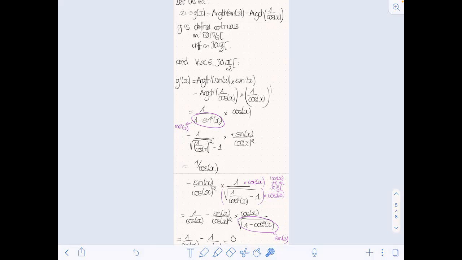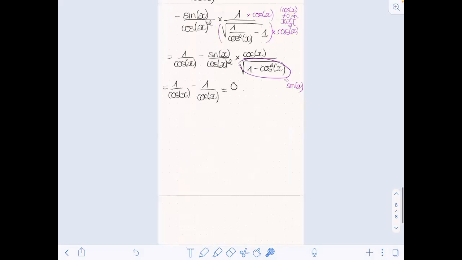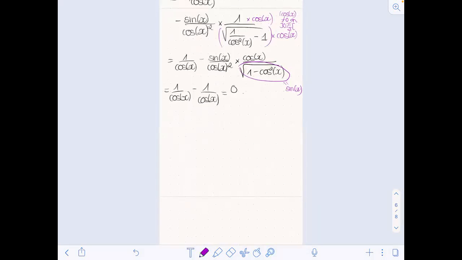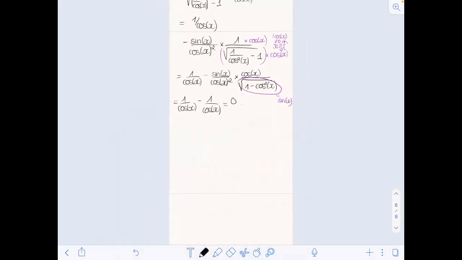Yeah, we can take 0. It's well defined at 0. So we get arcth of 0 and minus arcch of 1 if we do that. And what does that give us? I think it is 0 minus 0. Yeah, you're absolutely right. So we get g of 0 is equal to 0.